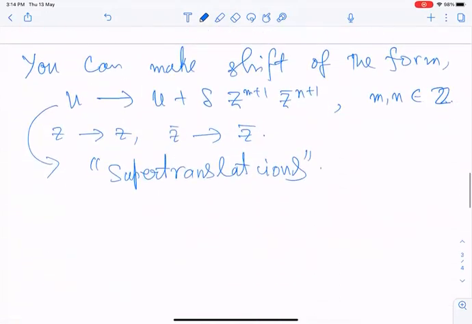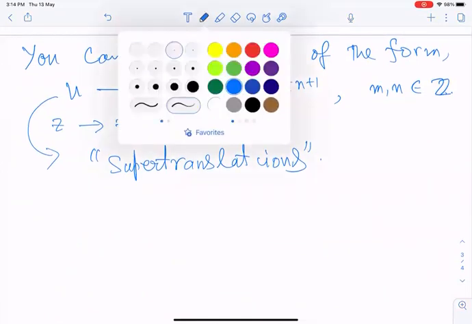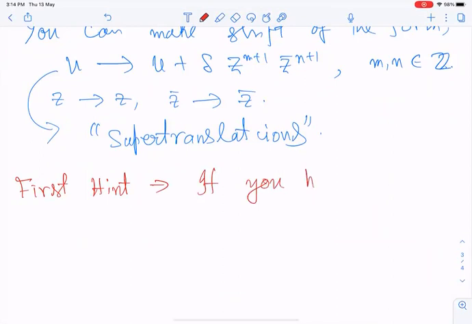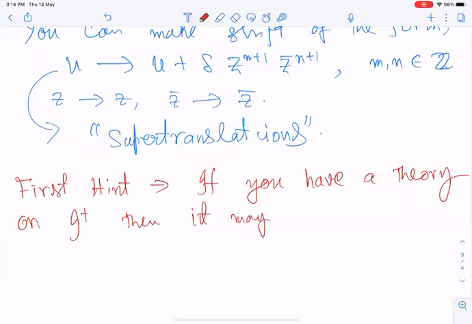So this is basically the first hint that if you have a theory on scri plus, then it may have infinite symmetries, infinite global symmetries. So that is important.